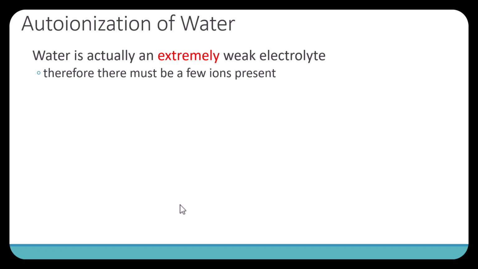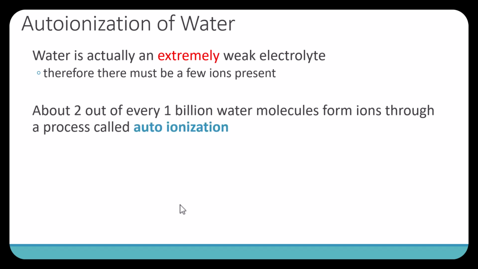So there's very, very few, but there are some ions present. Okay. How few am I talking about? 2 out of every billion water molecules form ions through a process called autoionization.